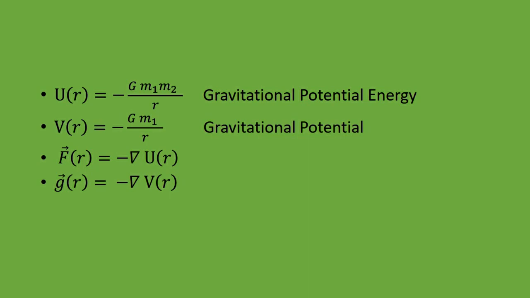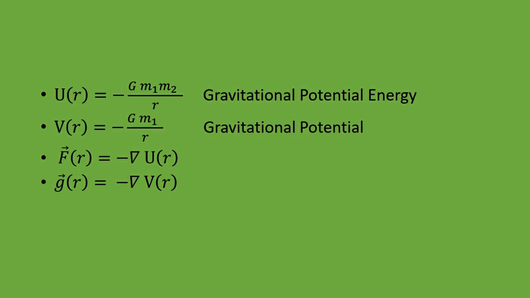So this means as r goes to infinity, so the two masses are far away from each other, the potential energy approaches 0. Now when the two masses are closer, the potential energy becomes more negative.